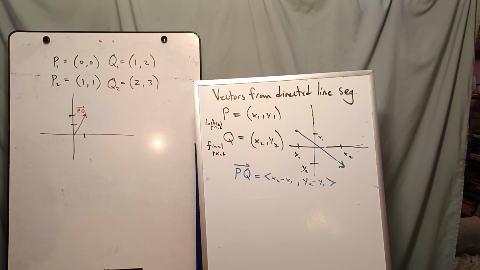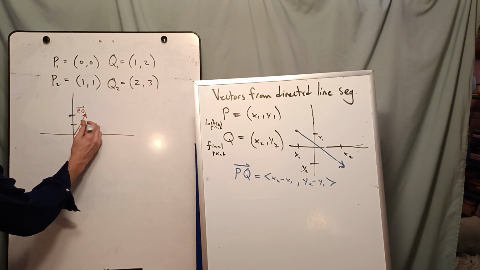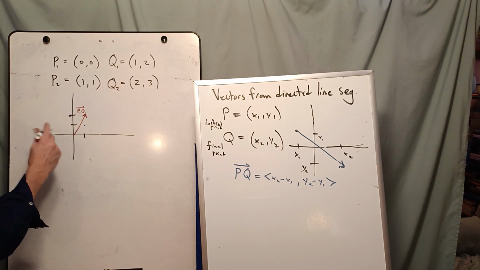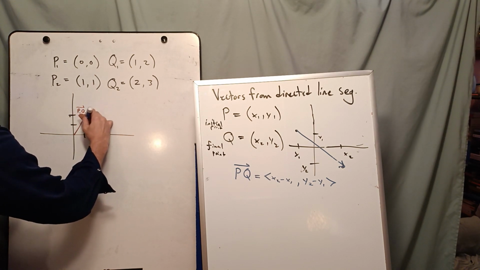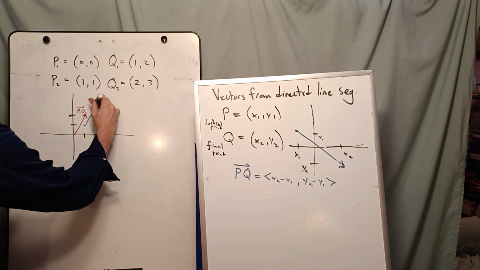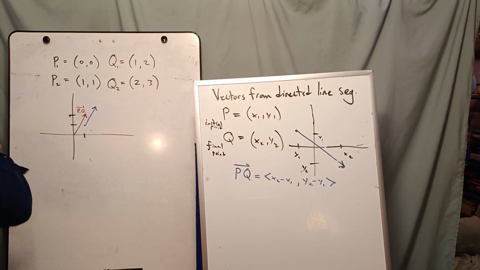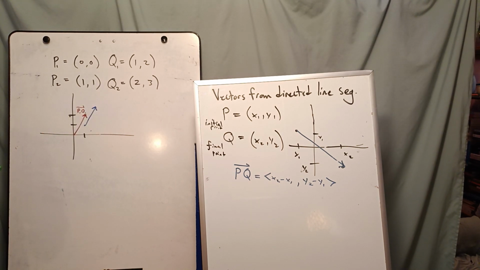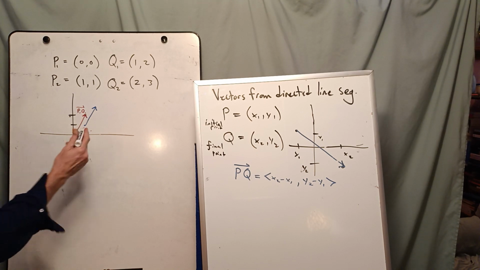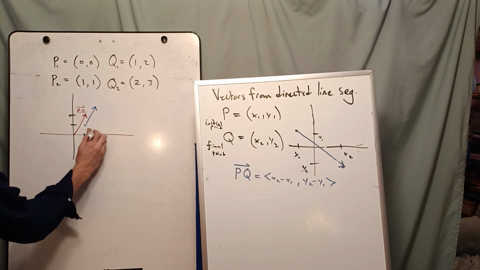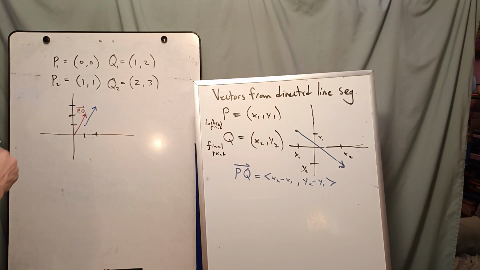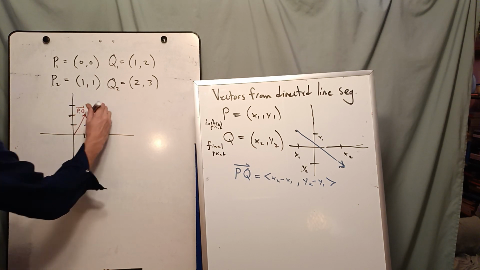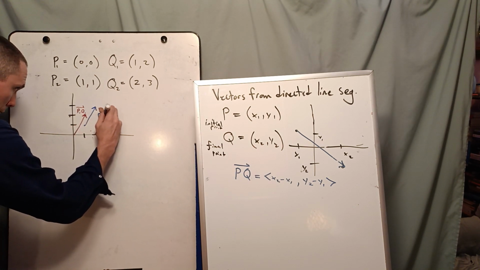And if we drew instead P2, I would start here, 2, 3. And this would be our P2, Q2 vector.